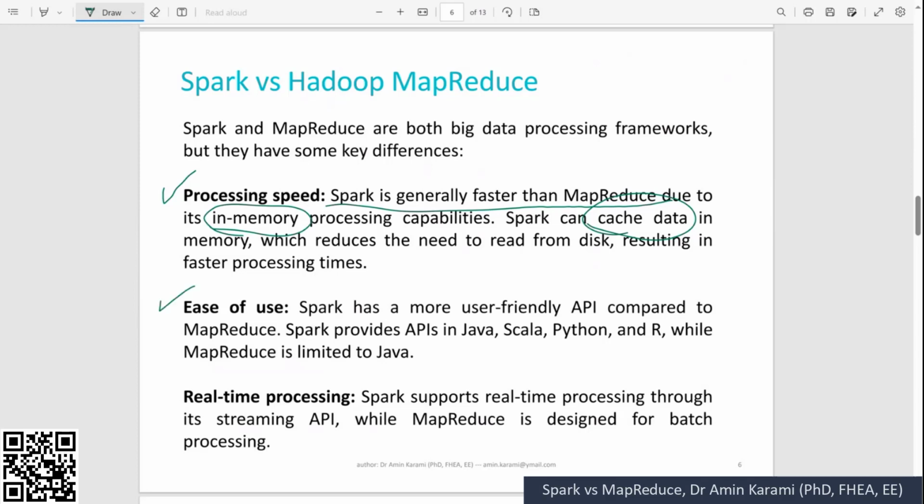Ease of use. So Spark is much more user-friendly and much better than MapReduce, because there are many APIs introduced for Spark in different programming languages, like Java, Scala, Python, and R. But MapReduce is limited to Java, right? Of course you can write MapReduce with other programming languages. There is no restriction on that. But usually MapReduce is based on Java, as the Hadoop engine is based on Java.